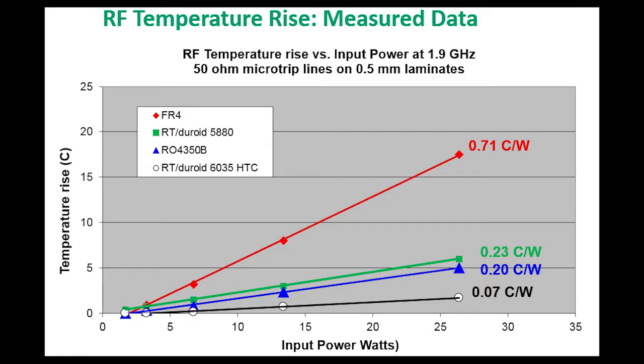The RO4350B, like in the table before, is slightly below the 5880, and the RT-Duroid 6035 HTC will show the maximum benefit of high thermal conductivity with low temperature rise. Just for comparison, you can see how high FR4 materials will be when you're working in this environment at high temperature and high power, in this case at 1.9 gigahertz.